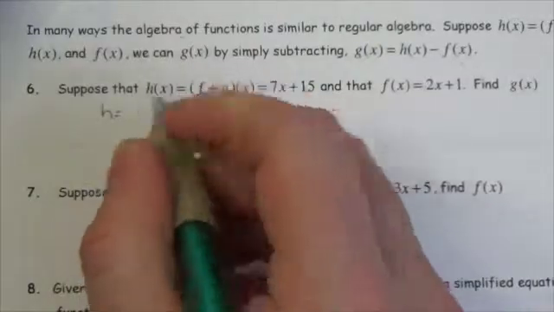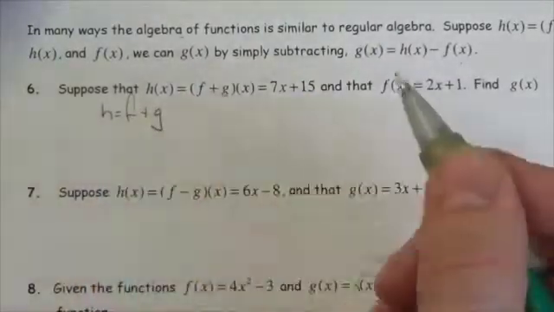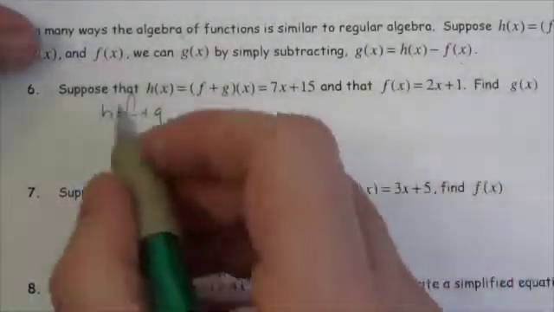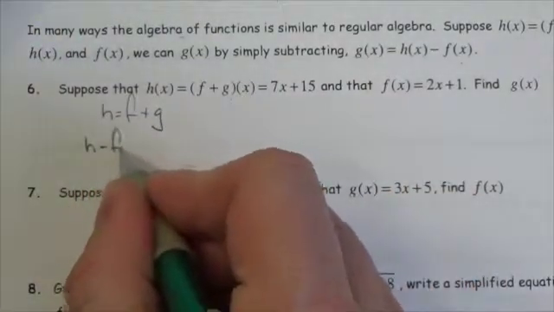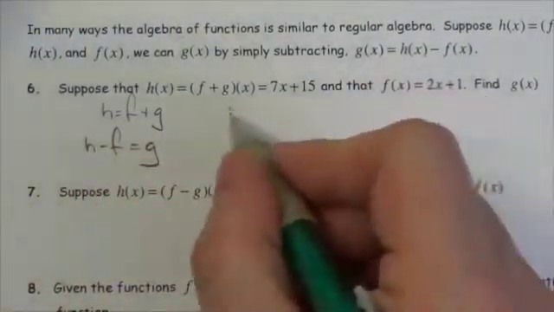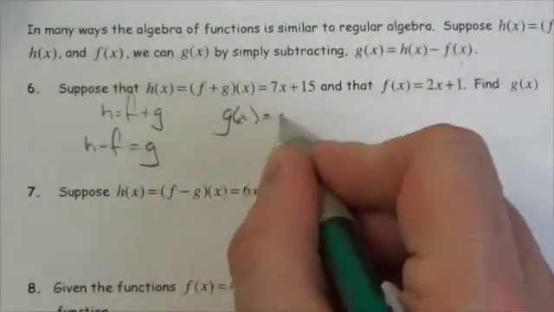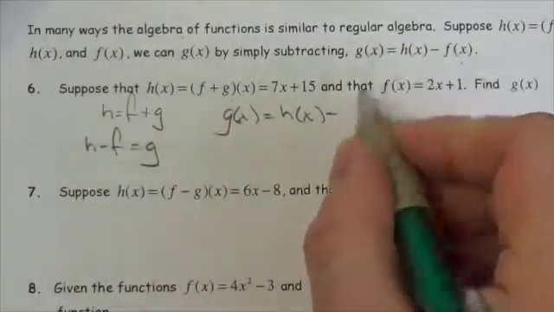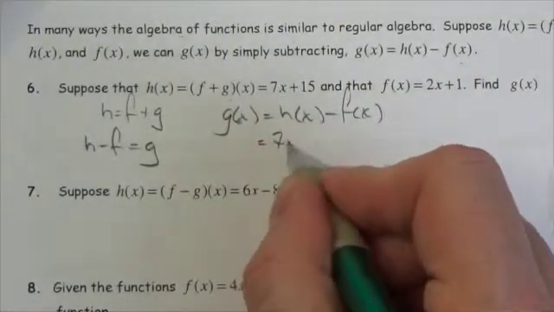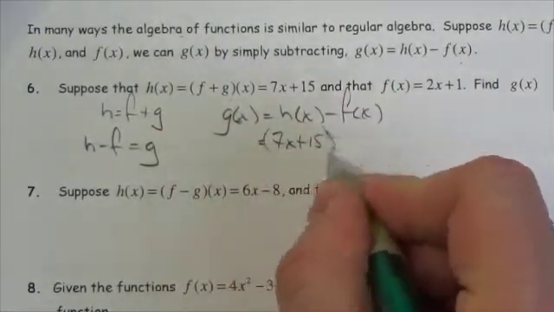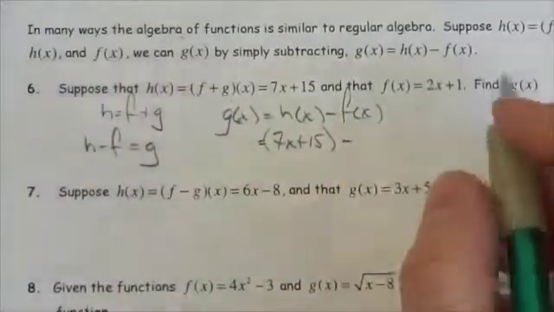Well, if h is equal to f plus g, it's probably quite clear, even from just this, that h minus f is equal to g. So in this case, g of x is going to be h of x minus f of x. So we're going to get 7x plus 15, and I'm going to put that in parentheses because that's h of x.